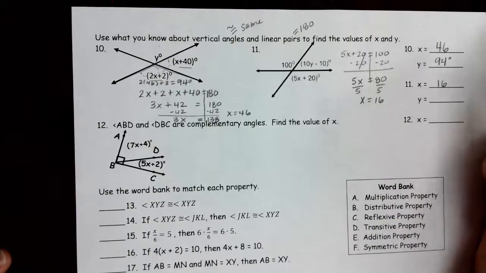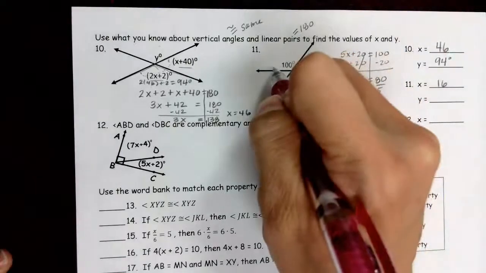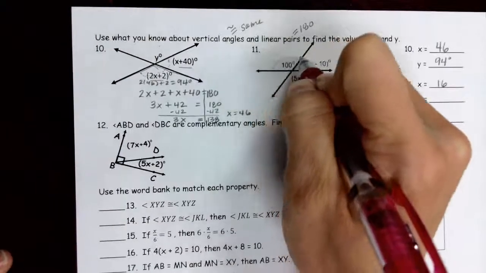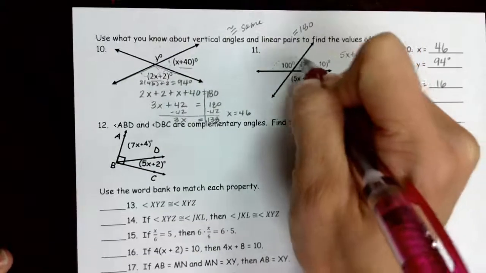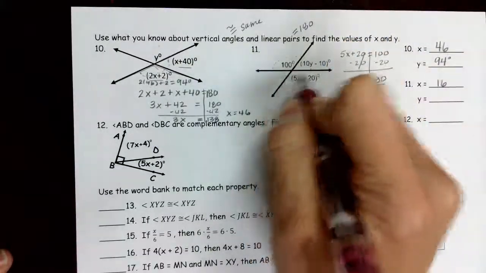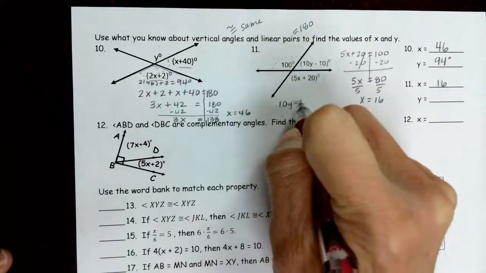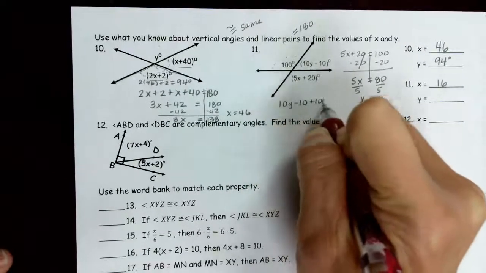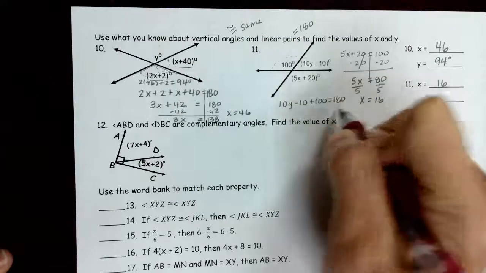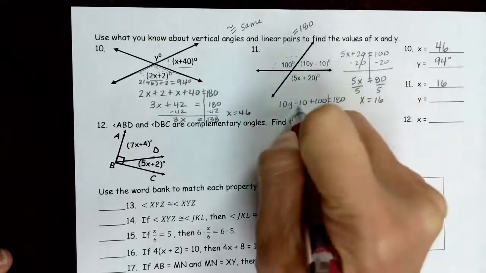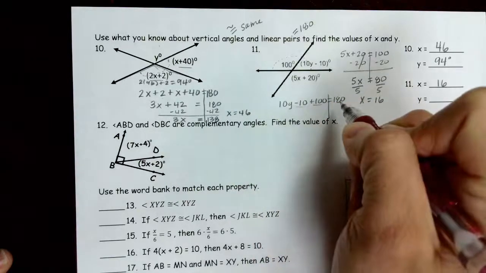Okay? From there, I can do two different things. I could say that these two angles right here form a straight angle, so they have to equal 180. That's the route I'm going to take. So I'm going to say 10y minus 10 plus 100 has to equal 180. As I solve, this negative 10 and that 100 are on the same side.